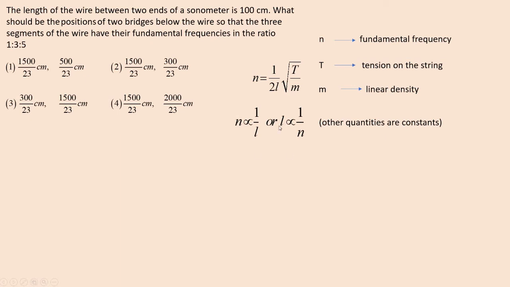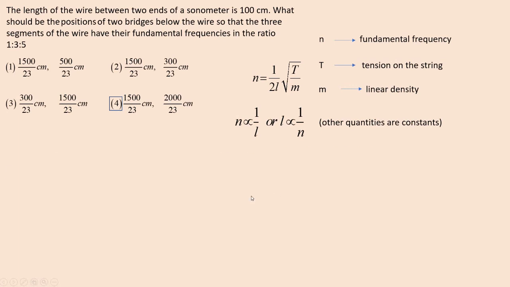Now we want the length ratio, therefore we have to get the reciprocal ratio of the fundamental frequencies. It is given the ratio of the fundamental frequencies is 1:3:5. Simply find the reciprocal ratio of the fundamental frequencies. So the answer is going to be option 4.